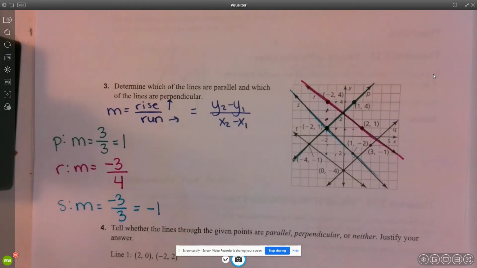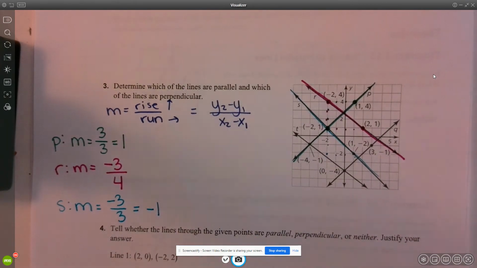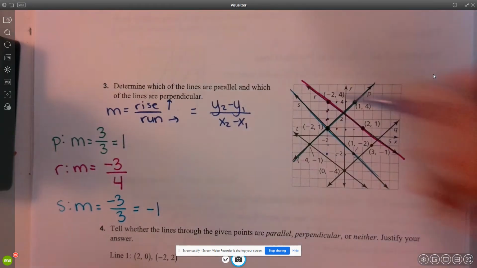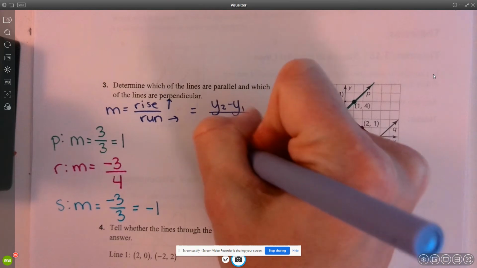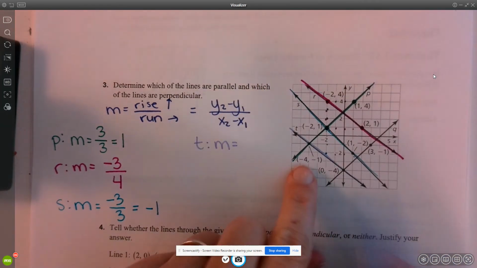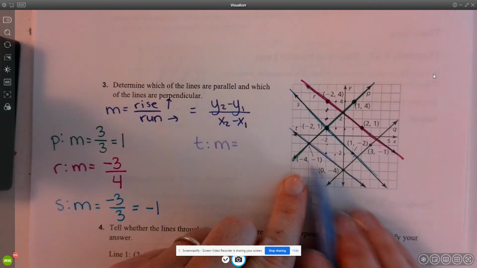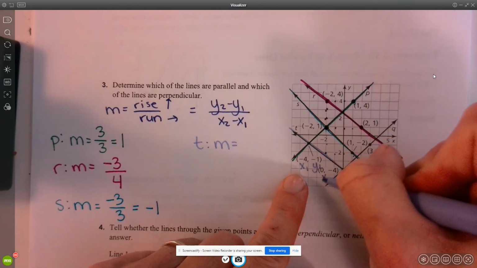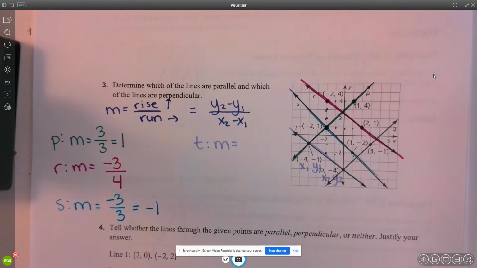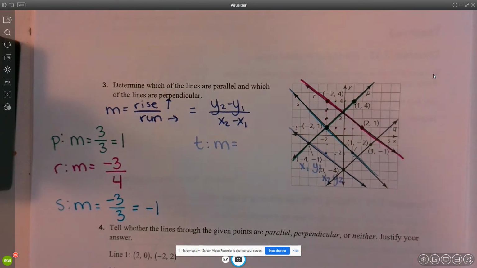Now I'll show you how you can find the slope using the slope formula. So I'll go ahead and find the slope of line T. If I'm looking at these 2 points that are on line T, I'm going to label them x1, y1, x2, y2. And I'm going to use the slope formula.